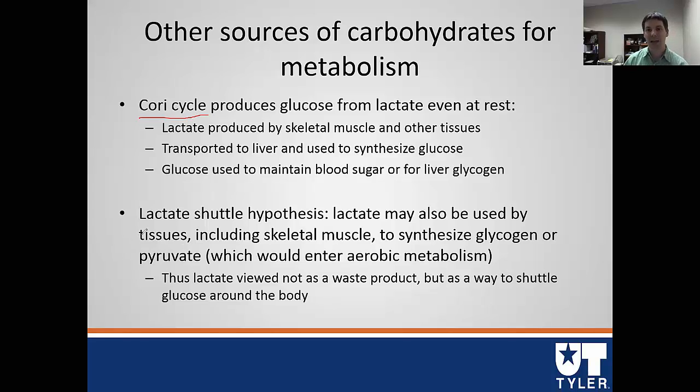You'll remember from the last module that LDH, the lactate dehydrogenase enzyme that converts pyruvate to lactate, is the same enzyme that can convert it back from lactate into pyruvate. And once it is pyruvate, it's free to undergo oxidative metabolism again.